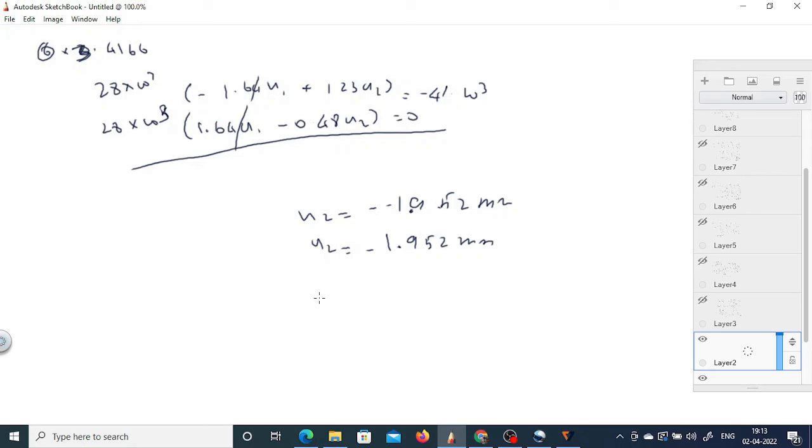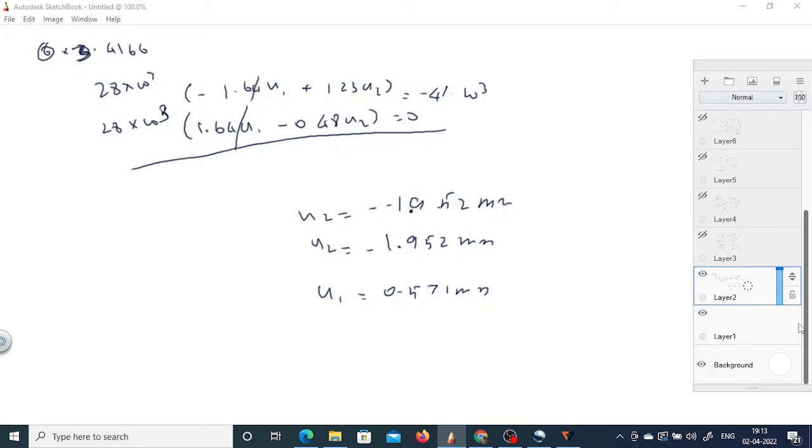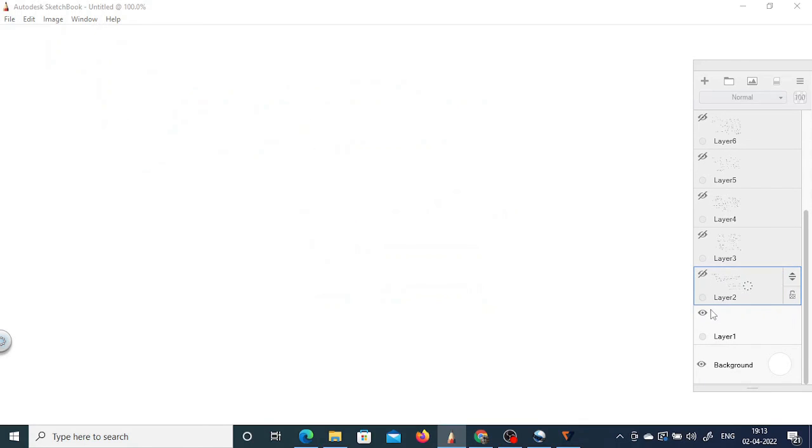After that I substitute this u2 value in equation 5. I can get the u1 value is 0.571 mm. Next step is important. How do I identify the stress value on element 2? Okay, the stress identification formula.